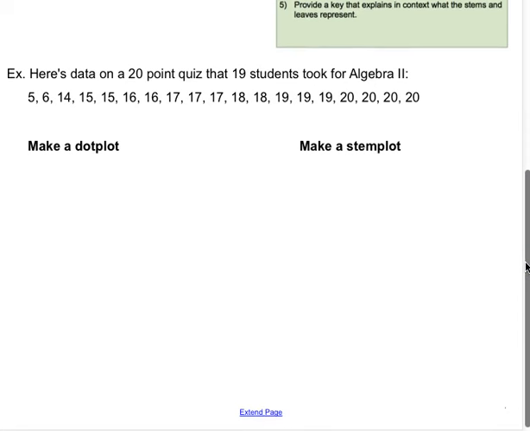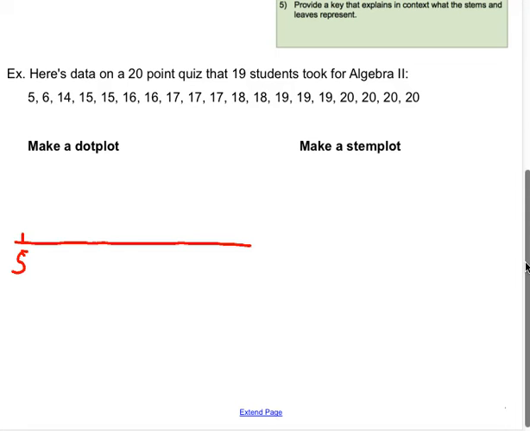So to make a dot plot, here's data on a 20-point quiz that 19 students took for Algebra 2. To make a dot plot, the first thing is you're going to make a horizontal axis, okay? And you need to start at the smallest value.